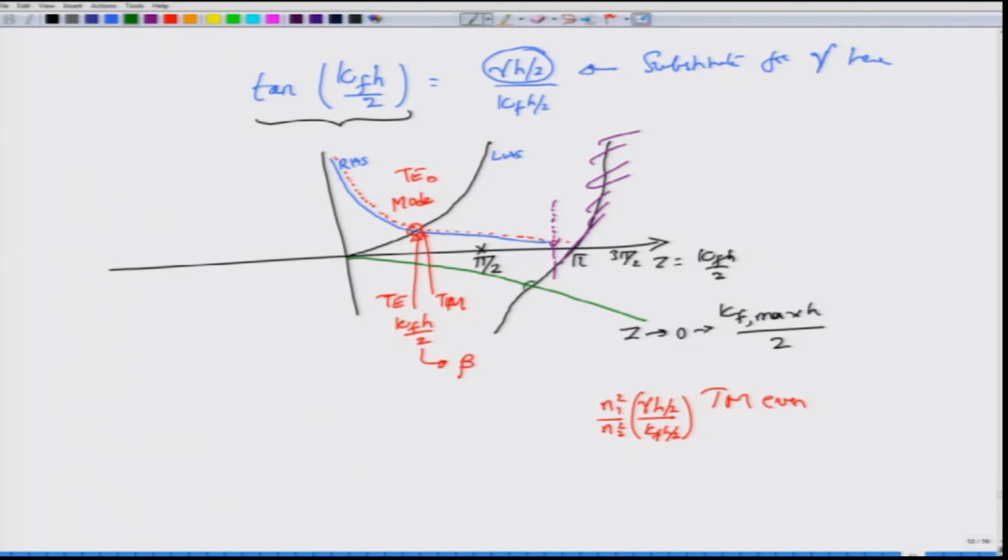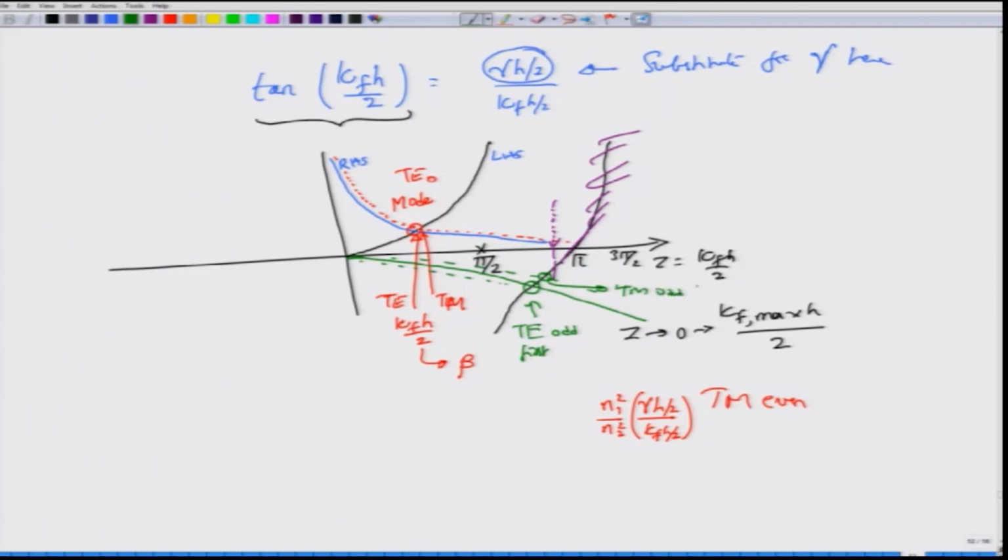So, the first intersection happens in the region when kappa f h by 2 is greater than pi by 2. So, this would be the first TE odd mode. Similarly, for the TM mode, you will have to start somewhere here and probably meet here. So, this corresponds to the TM odd mode.